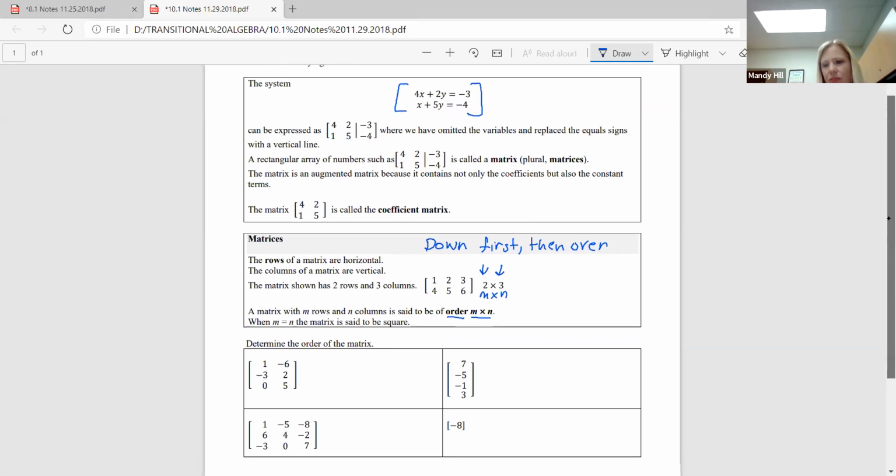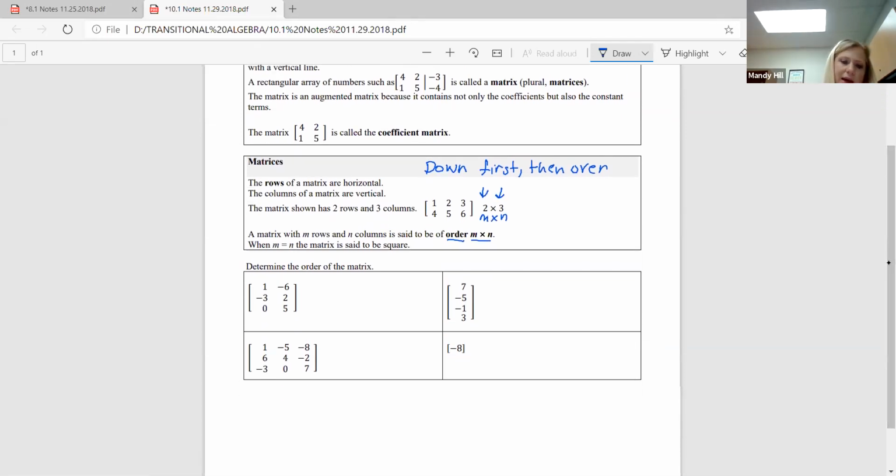So it's asking us to write what M times N is on all of these, okay? If you go down first on this one, you're going to have 1, 2, 3. We put 3 first. This x is not an x, it's just a fancy way of saying by. So this is read as an M by N matrix.